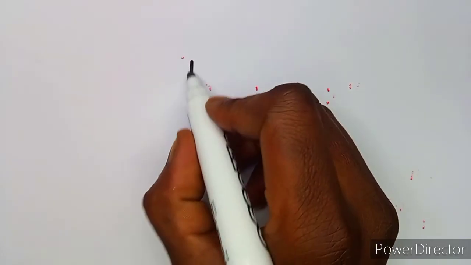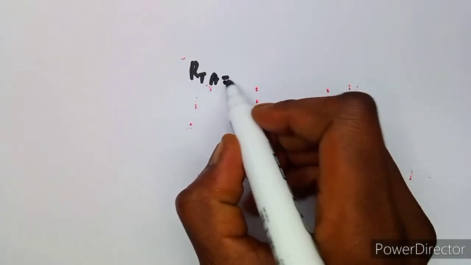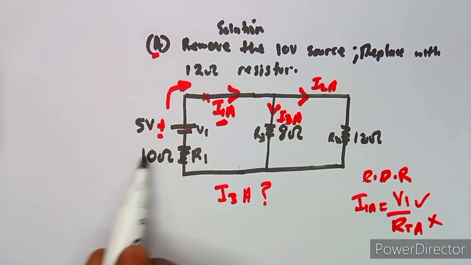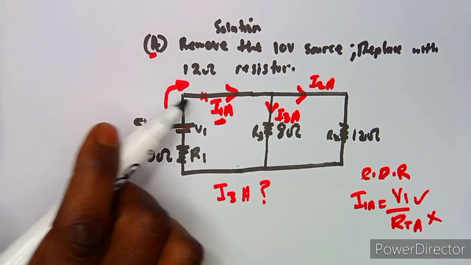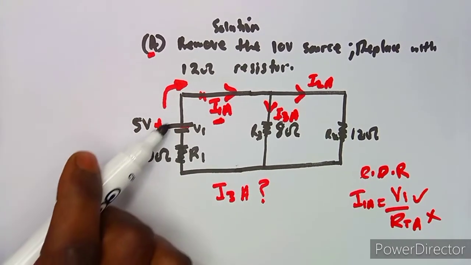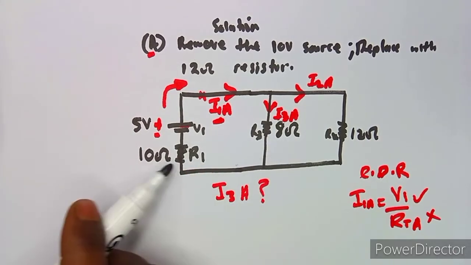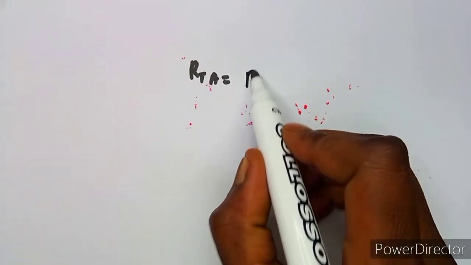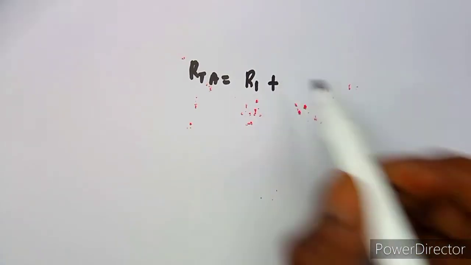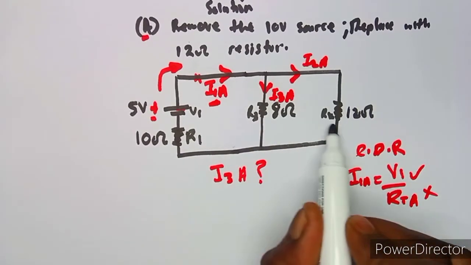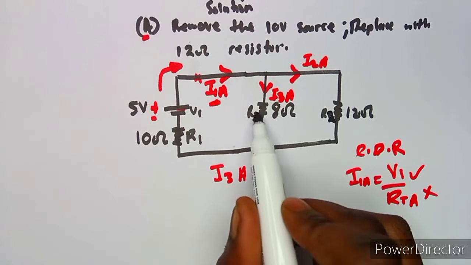Okay, so what is going to be the total resistance? Remember, if you supply here, so this is actually in series, then these two are in parallel. So R1 in series plus, but these two are in parallel, which is R2 and R3.